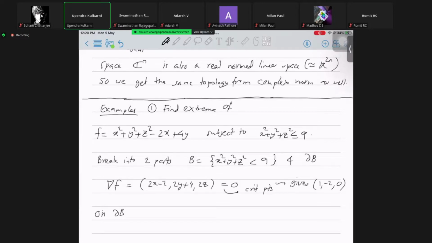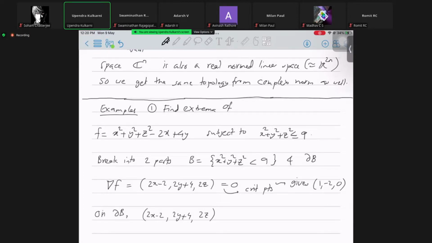Yeah, so what do I do on the boundary? Here's where Lagrange multipliers come into play. The gradient of f is 2x minus 2, 2y plus 4, 2z. And what is the condition?